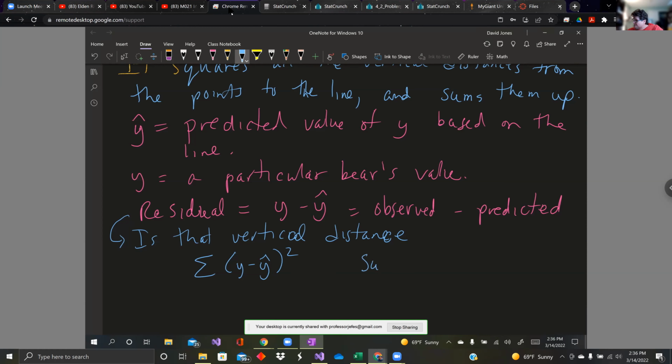And this is the sum of squares. I'm going to leave a little room because I'm going to add something to it. And then the line we use, we want to minimize this, find the value that's the smallest. And so what they call this is the sum of least squares. It's the lowest.